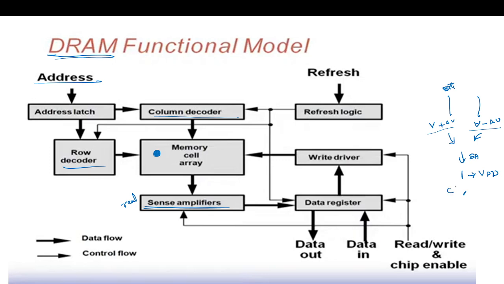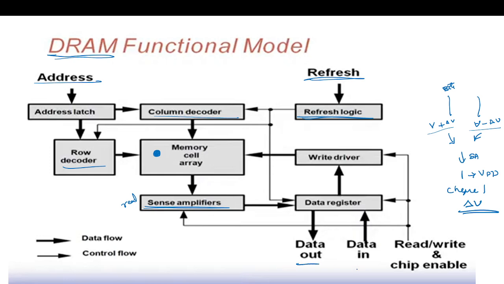Before, we had to charge the node fully to 1 so that it can be written as 1, but now a delta V change is enough to say whether it is 1 or 0. And we need refresh circuitry and refresh logic because the storage is in a capacitor, so it will leak and we need to periodically refresh it.